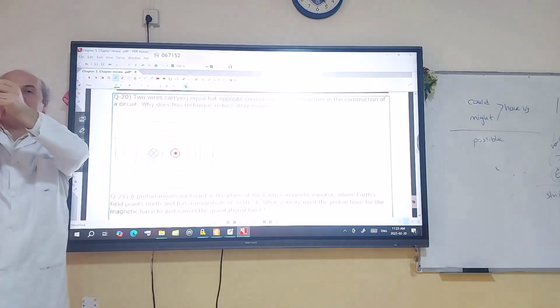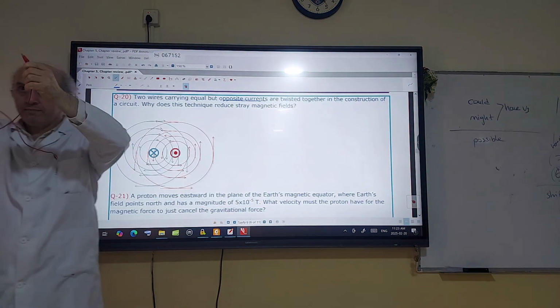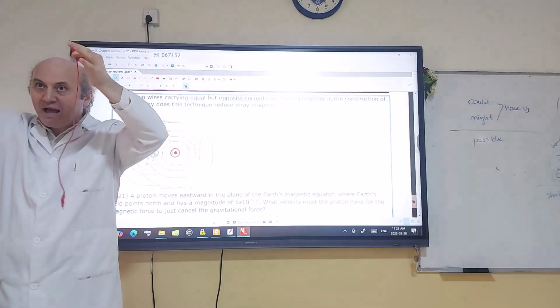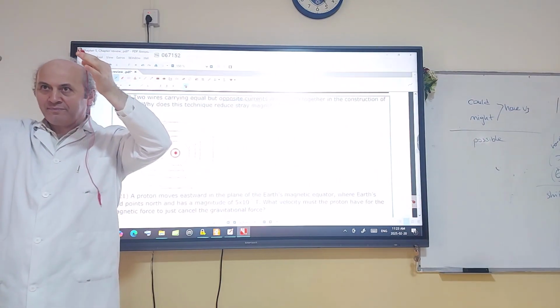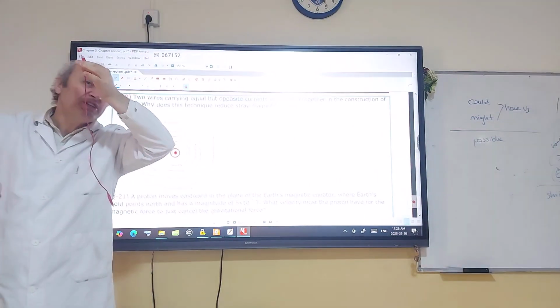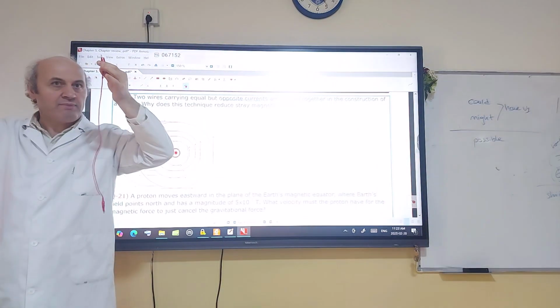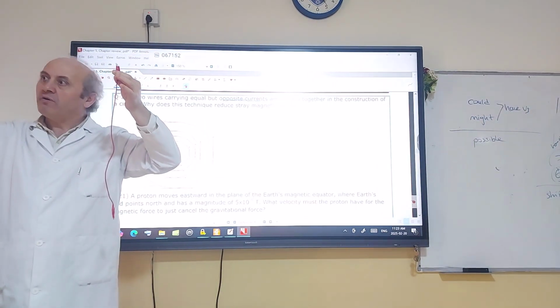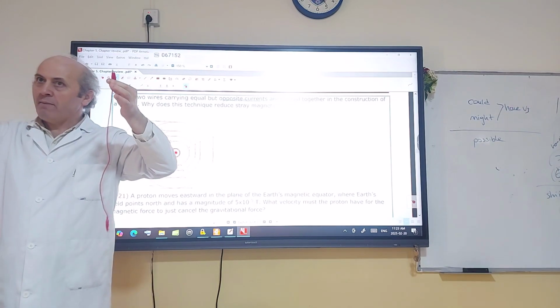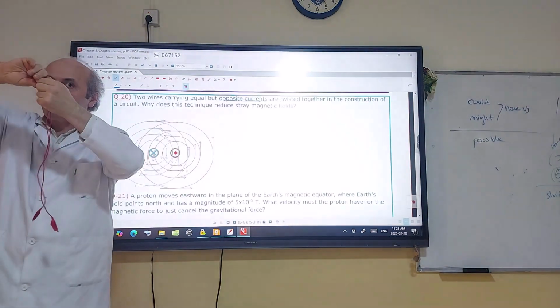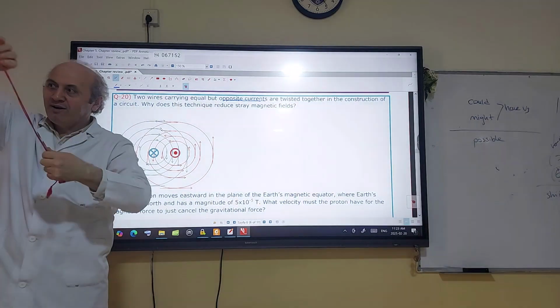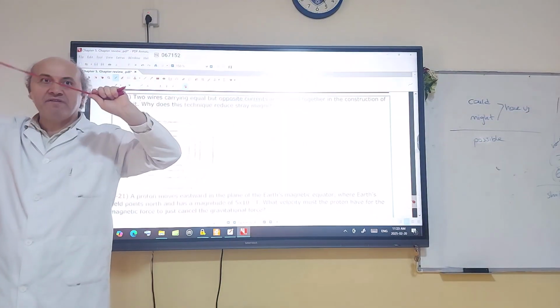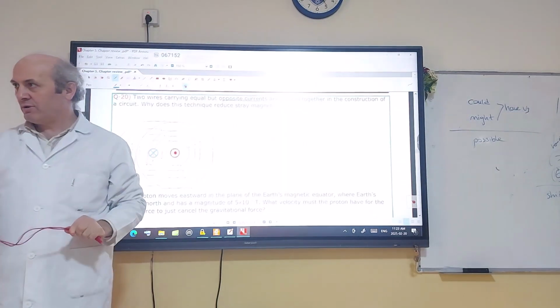But if you keep them like this, not twisted, between them they support each other. On the right, there is just a single point where the net magnetic field is 0, but at other points it is weak but still exists. But if we make them stick to each other and then twist them, the net magnetic field everywhere is going to be 0.